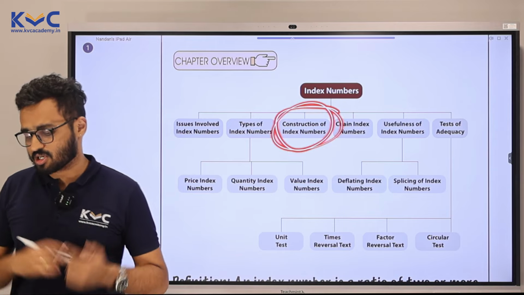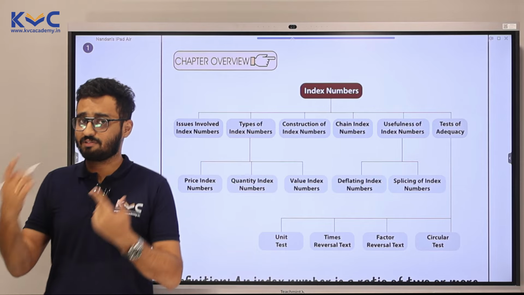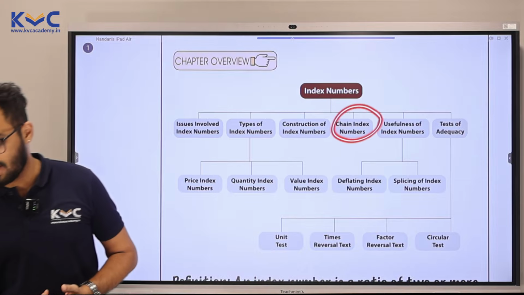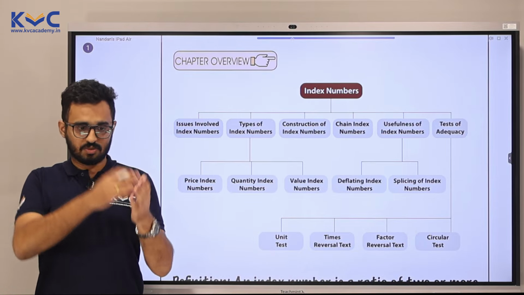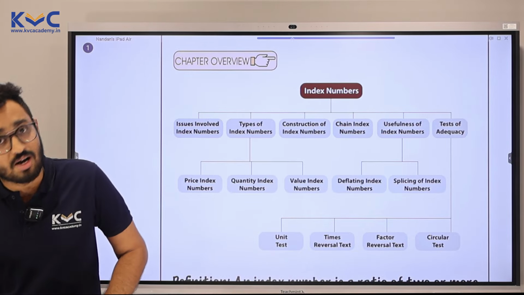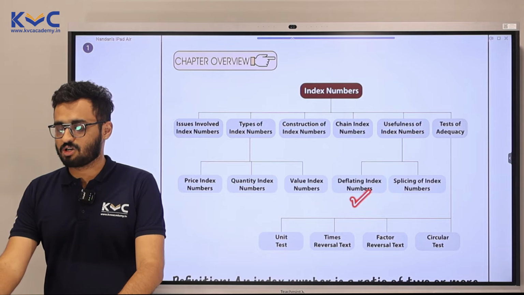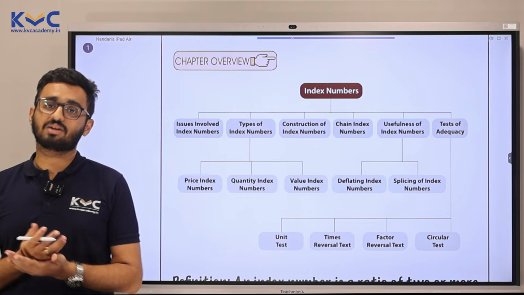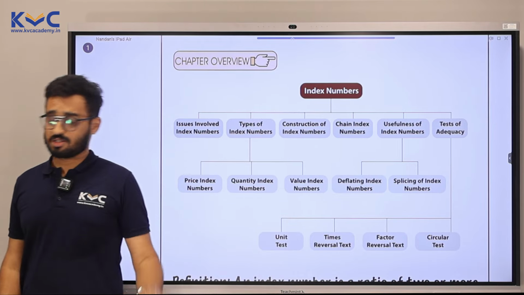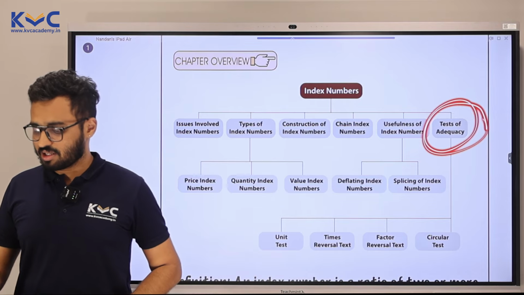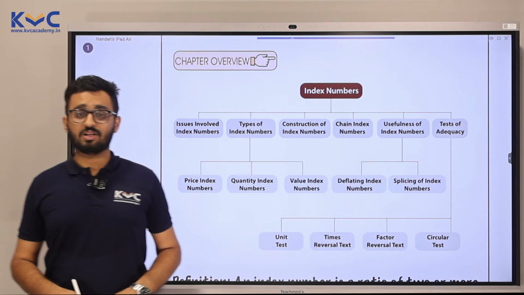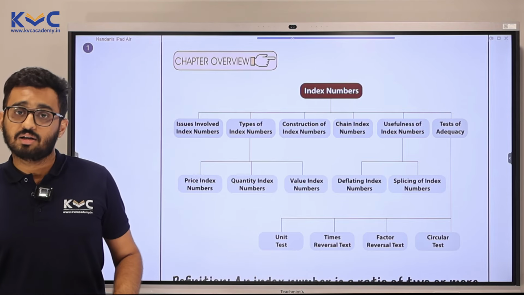Then we'll discuss construction of an index number. How do we even construct an index number? Then a concept called chain index numbers. Continuously, if you arrange them, we call it a chain index number. In usefulness of index numbers, we'll discuss deflating index numbers and splicing of index numbers, two wonderful concepts. And eventually the tests of adequacy, where we check which is the better index.